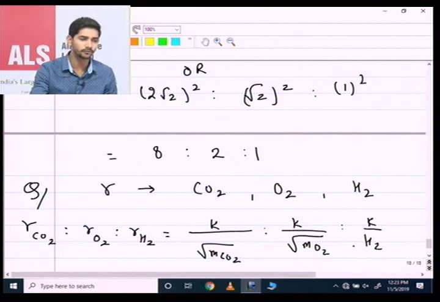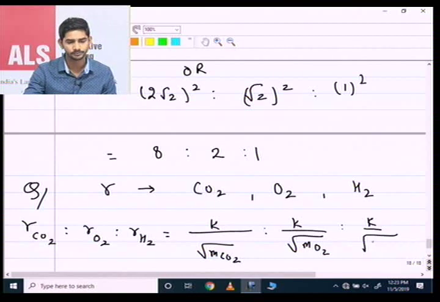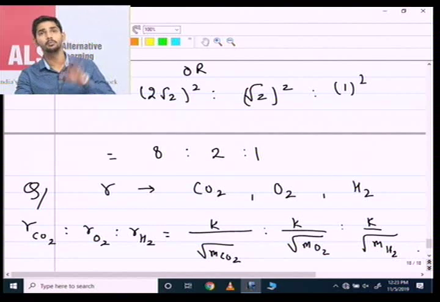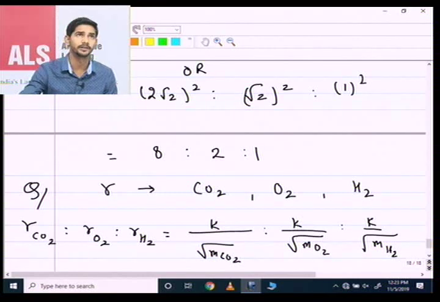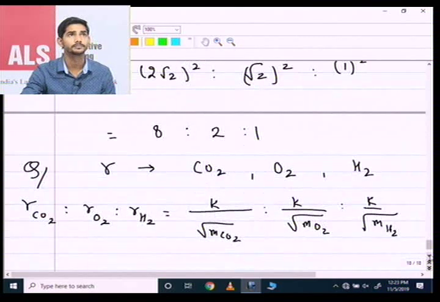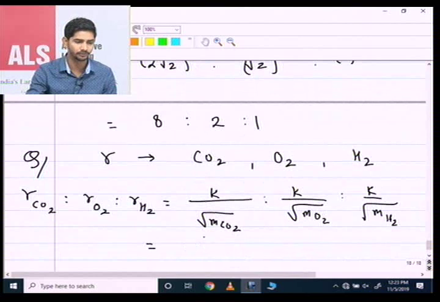Guys, first of all, confirm for me: are you getting how I'm writing these ratios? This is quite a mathematical term. If it is not clear to you, please let me know. I hope you don't have any confusion regarding this. Okay, that's fine. So just put the values, guys, and you will get your answer.